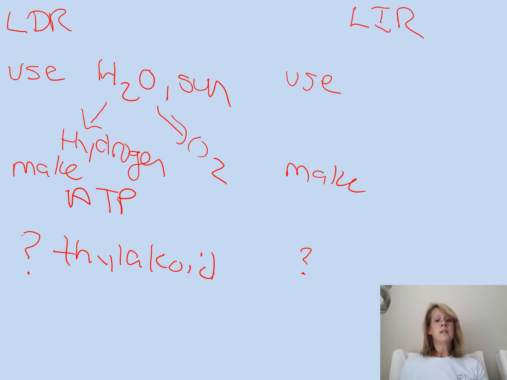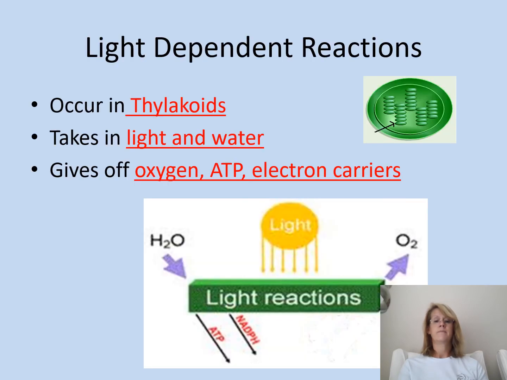So in the case of the light-dependent reactions, we are going to use sunlight and water, and we're going to make hydrogen, oxygen, and ATP. As you can see here, it occurs in the thylakoids. It takes light and water, and it gives off oxygen, ATP, and electron carriers.